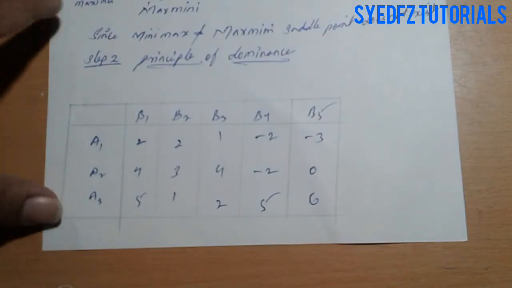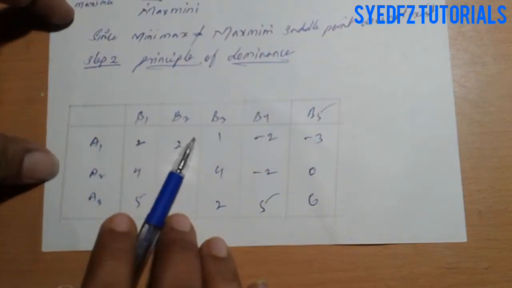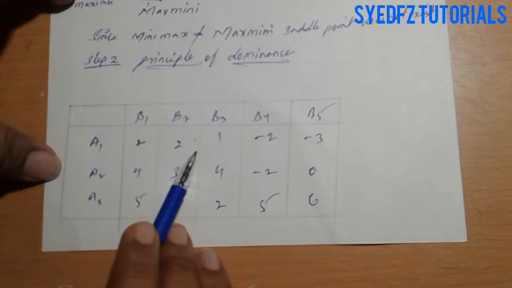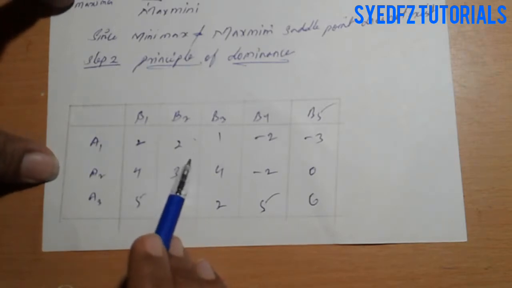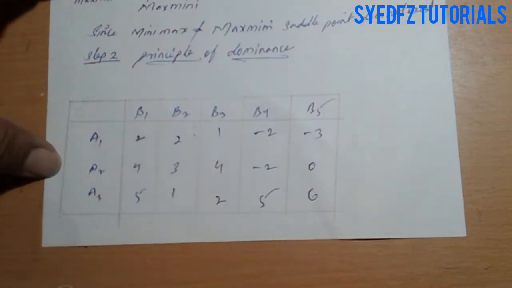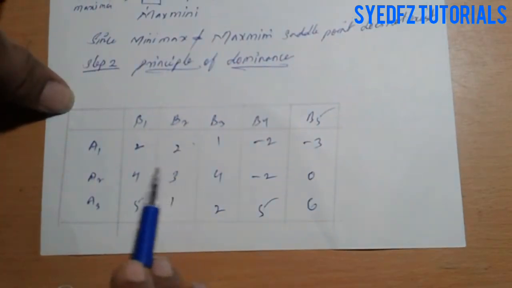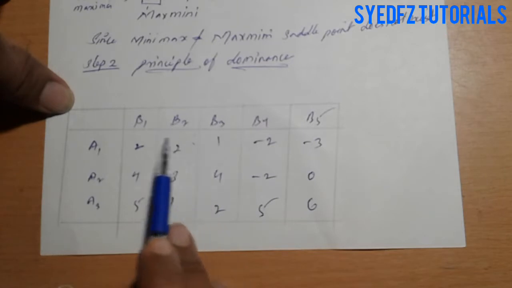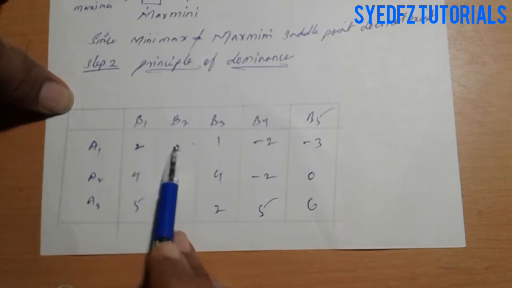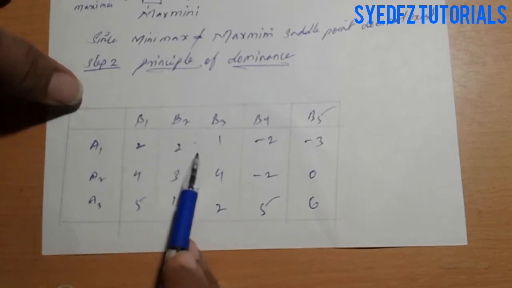First we have to compare columns B1 and B2. For the calculation of columns we have to check the maximum, and for the calculation of rows we have to check the minimum.